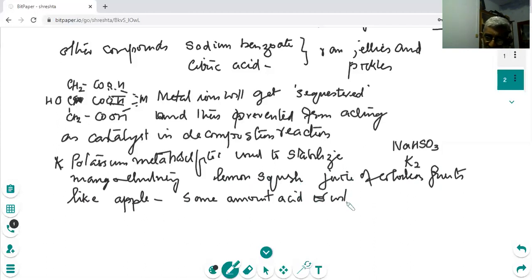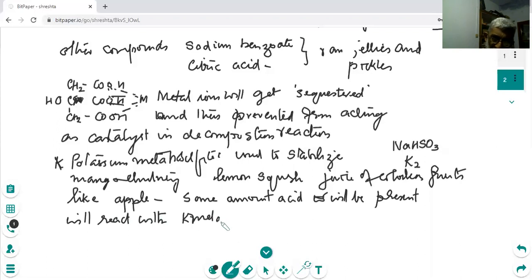So this small amount of potassium metabisulfite will react with the acid and produce sulfur dioxide.